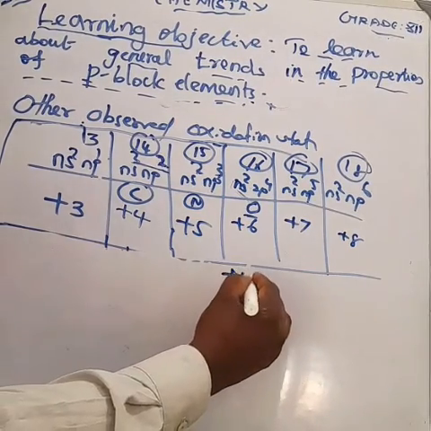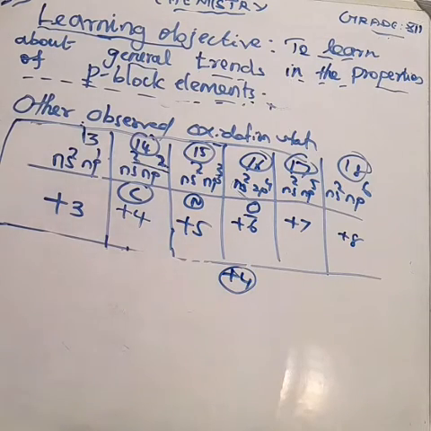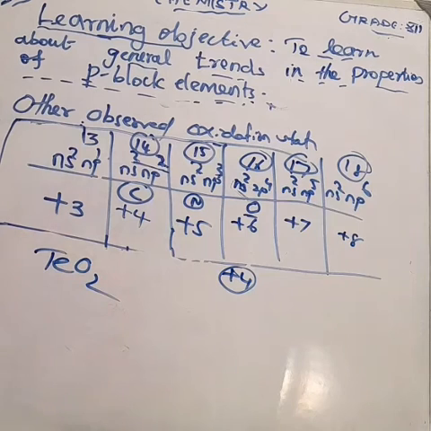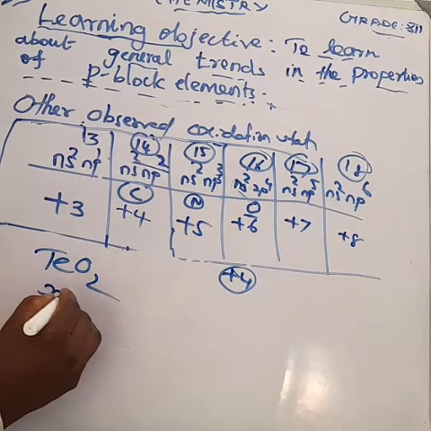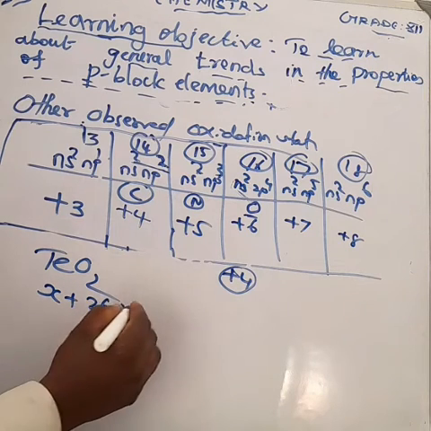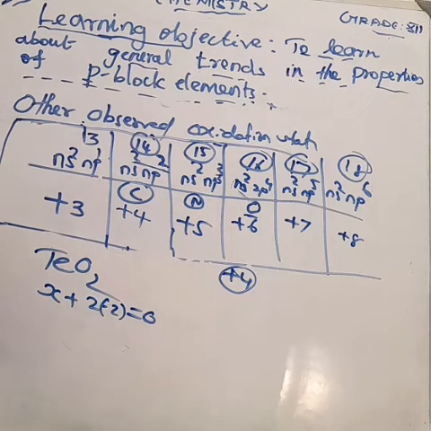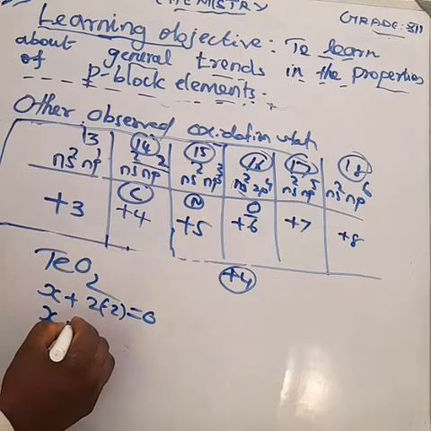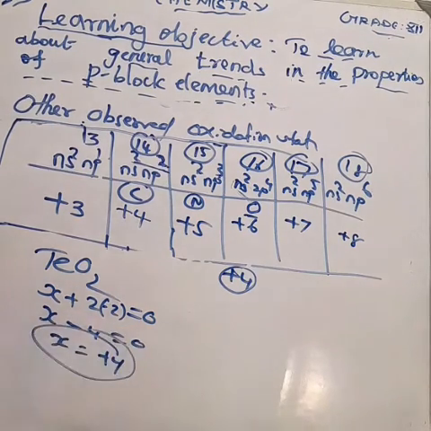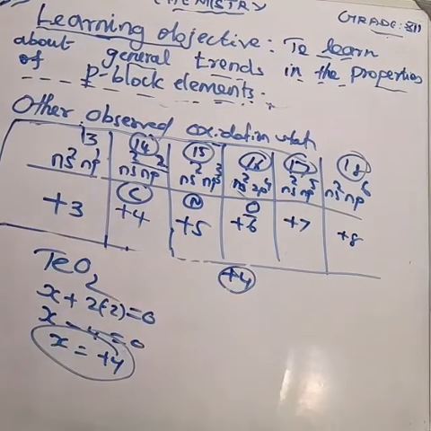What about plus 4? It can be taken as tellurium dioxide, that is TeO2. Te taken as X, and oxygen we know is minus 2. How much oxygen is there? 2 oxygen. So 2 into minus 2 equals 0. X minus 4 equals 0. X is equal to plus 4 oxidation state.